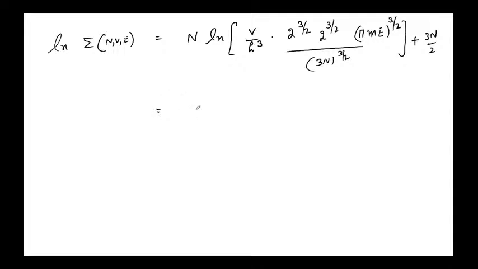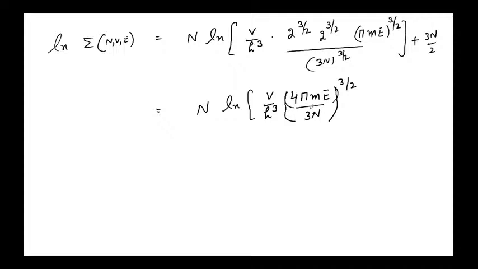So this equation becomes n log of V over h cube, 4 pi me to the power 3 by 2. If I also include this term that is in the denominator within this bracket, 4 pi me over 3n, whole power 3 by 2, plus 3n by 2.